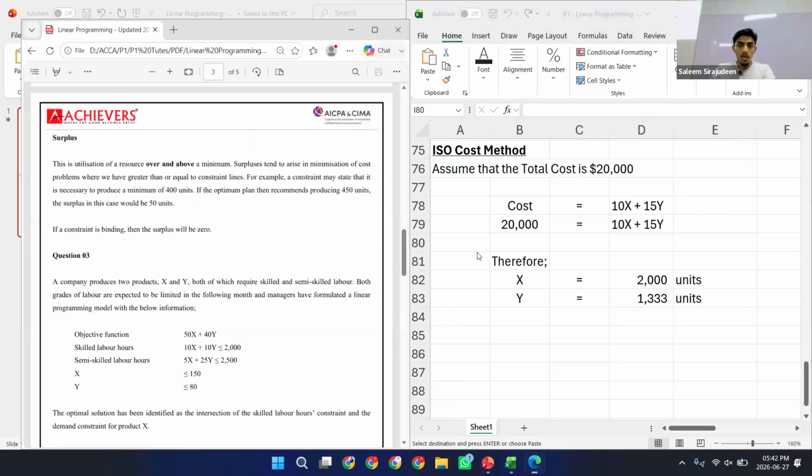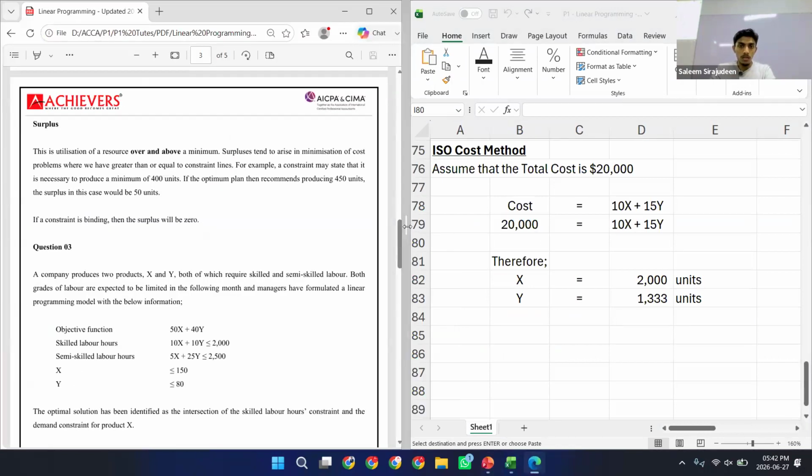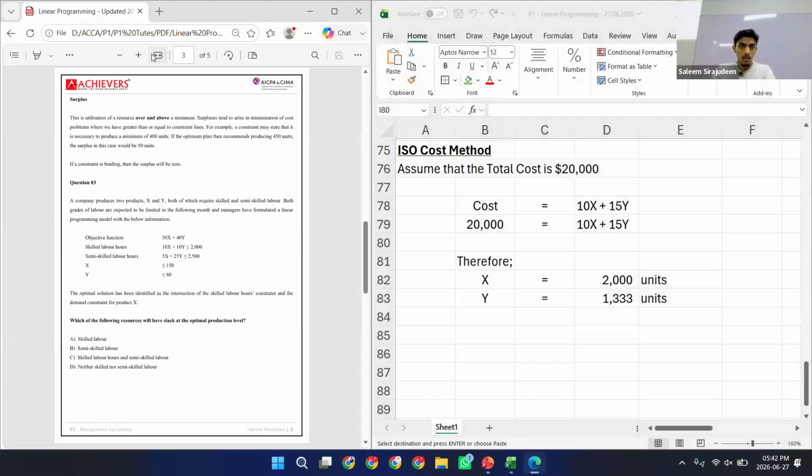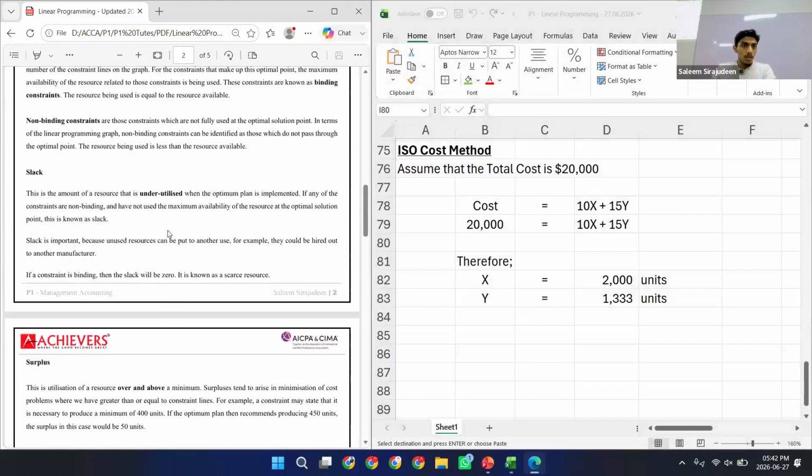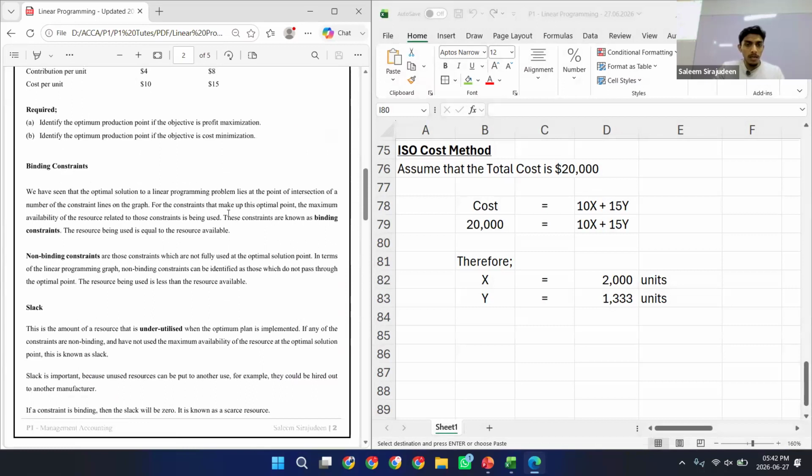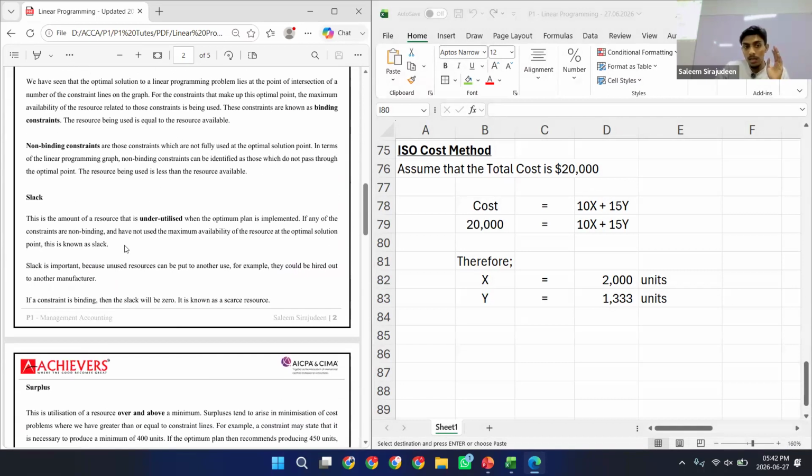So what else is there to be covered? Binding constraints are those where the resources being used equal the resources available. Non-binding constraints are resources that are not fully used. Slack means the amount of resource that is underutilized, how many hours you have underutilized.